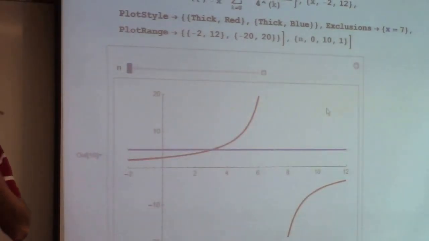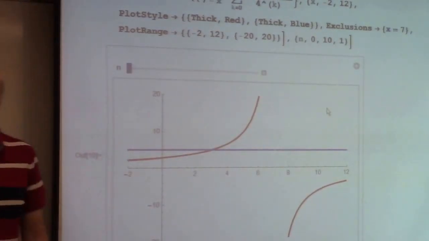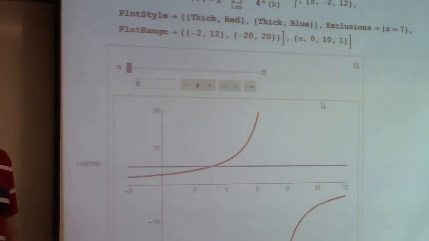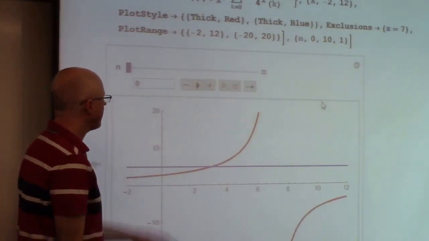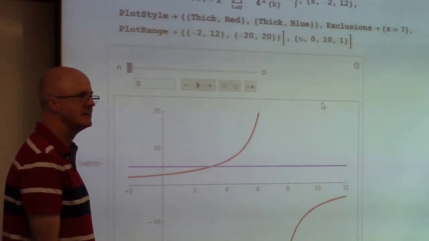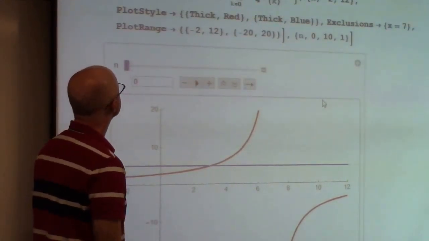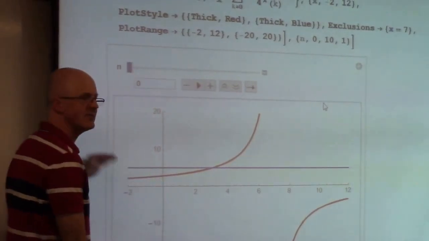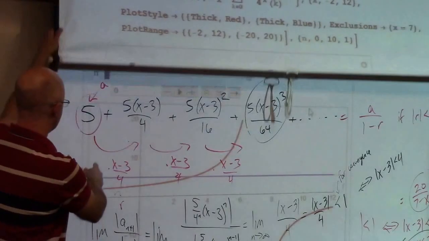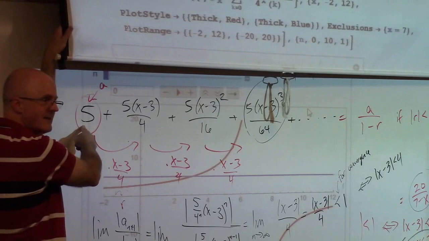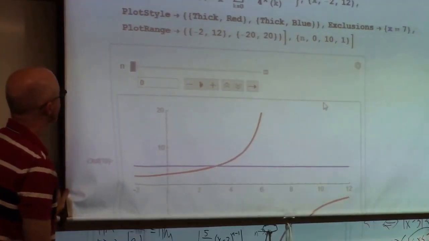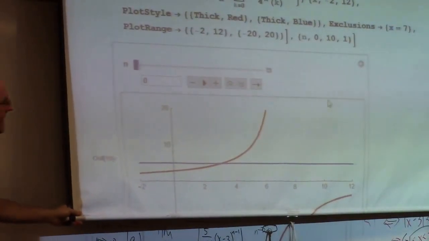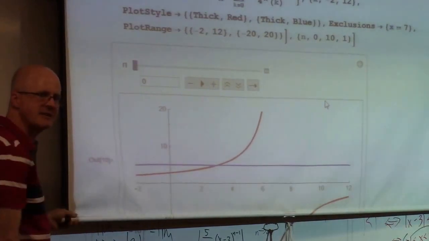What do we have here? When n is 0, the red graph is 20 over 7 minus x. The blue graph, when n is 0, I guess it's just 5. Yeah, 5. What happens when n increases to 1? The red graph should stay the same.